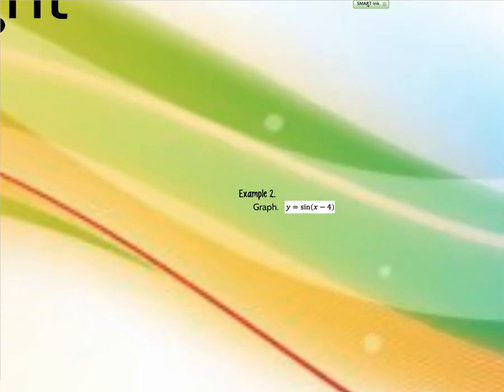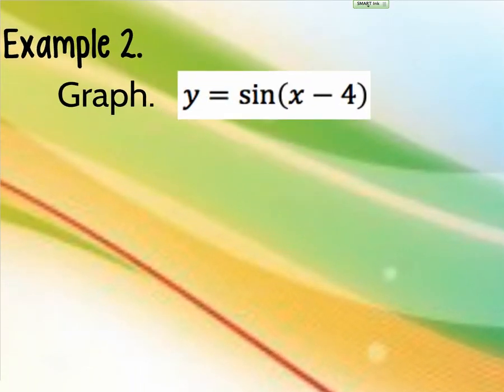Okay, so then example 2 is going to be y equals sine of x minus 4.